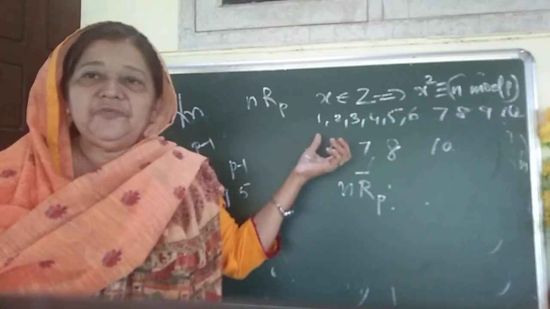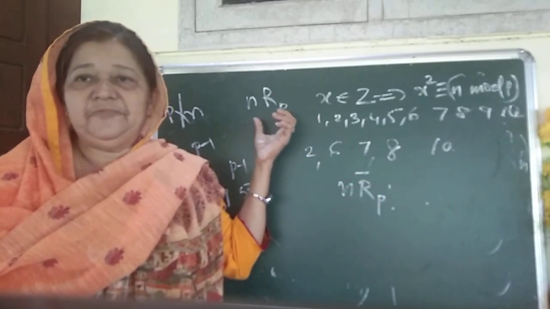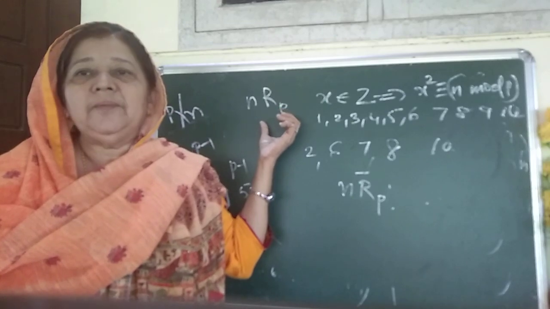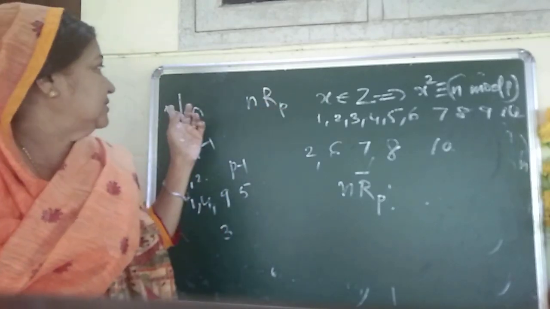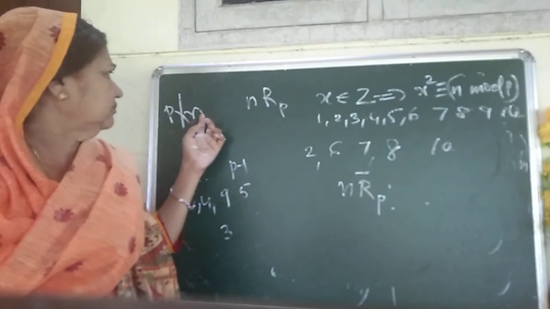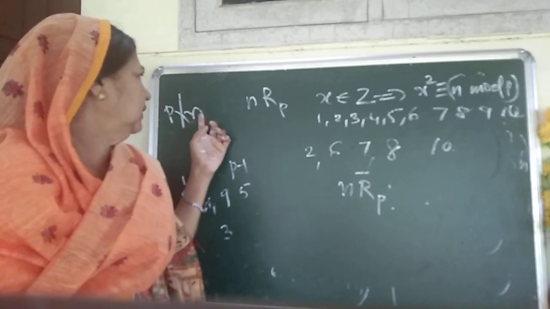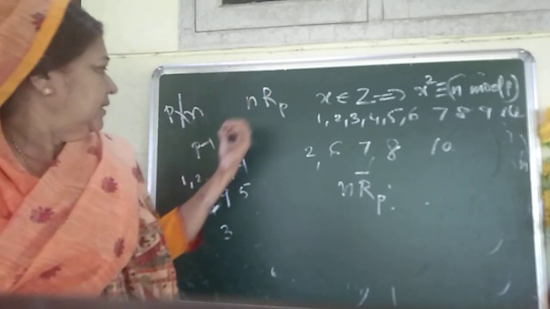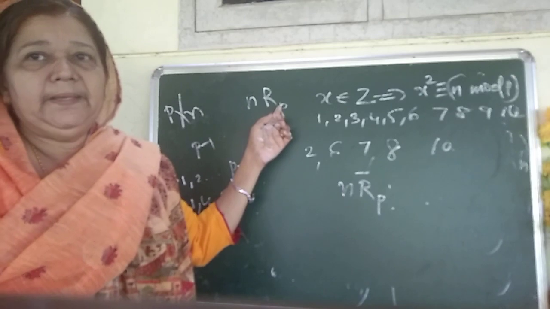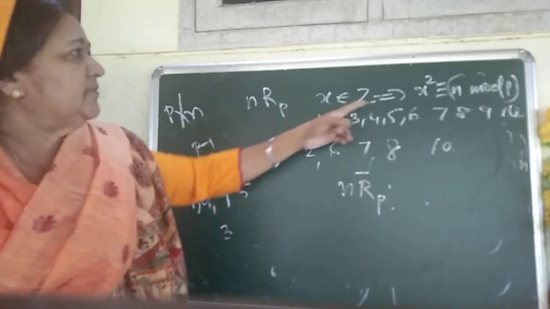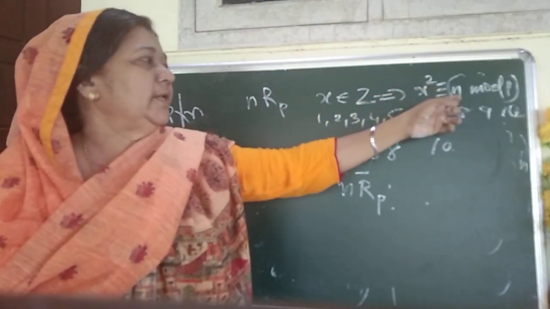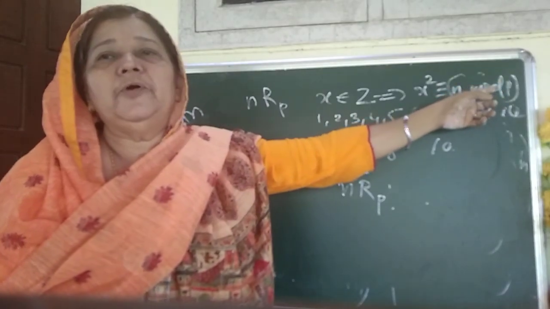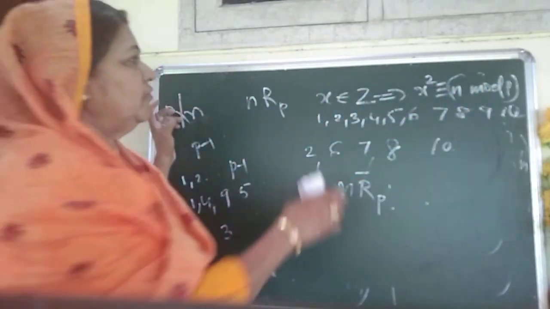Therefore, if p is any odd prime and p does not divide n, n belongs to R p if the equation x square is congruent to n mod p is solvable.